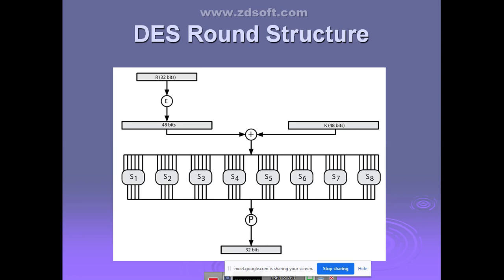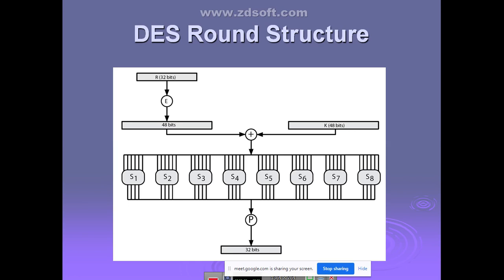Of the 6 bits, the first and the last bit are used to select the row within an S-box table, and the middle 4 bits are used to select the column number within the same S-box. Depending upon that, whatever number you get will be represented in 4-bit binary representation. Then after that it will be given to the permutation.